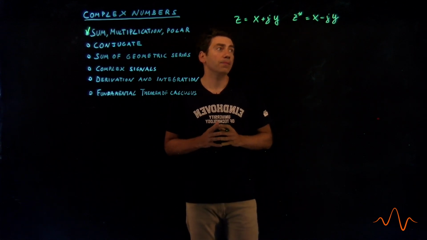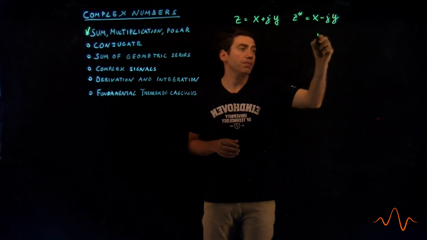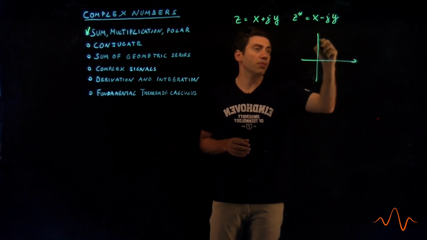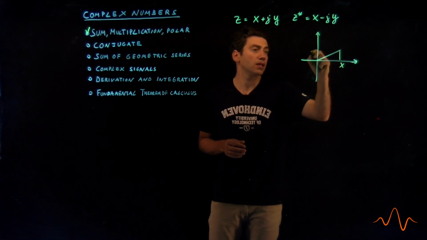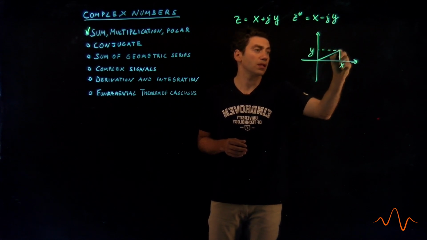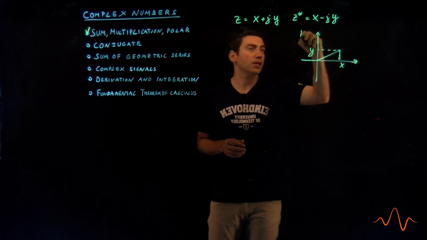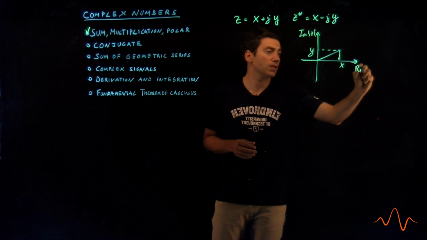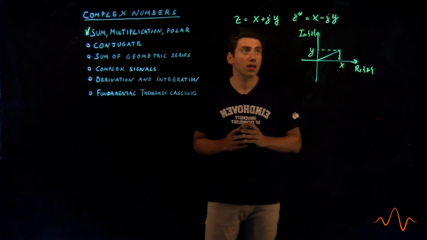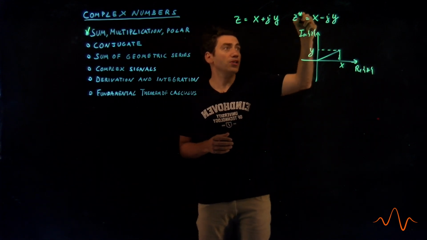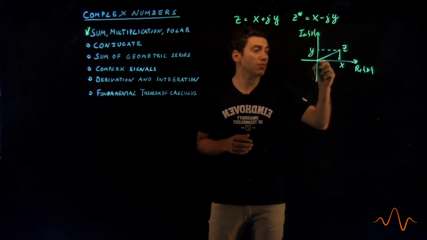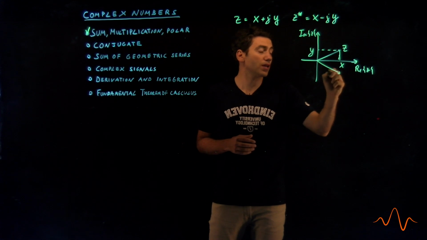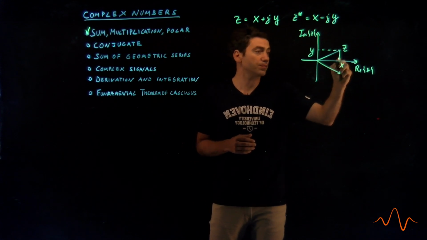So if we plot again in the complex plane z, this is the imaginary part, this is the real part, the operation of taking the complex conjugate of a complex number is nothing more than a reflection about the real axis.